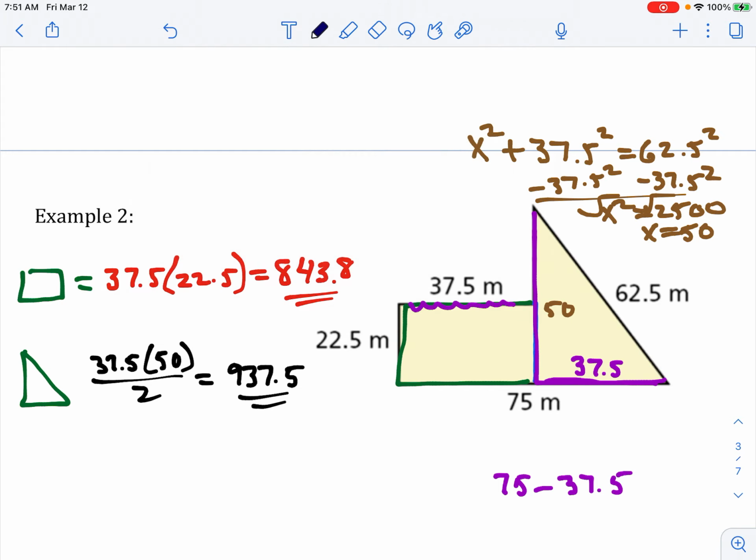Now, to find our final answer then, we're going to go back and we're going to add up 843.8 plus 937.5.